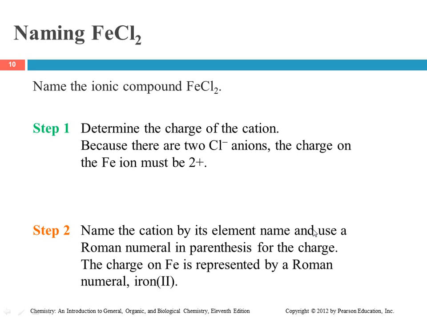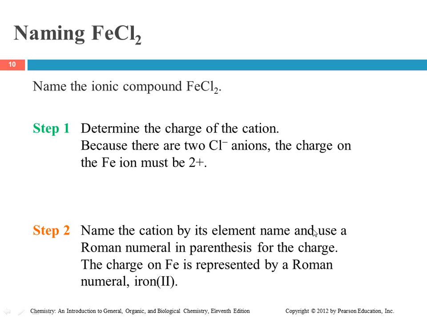For our chloride, we know that it's always -1. But the thing that we can't forget is we have 2 chlorides. So if we add up the charge, we have 1 iron atom in the formula, so we have 1 times X, which is what we're trying to find, plus 2 times -1.